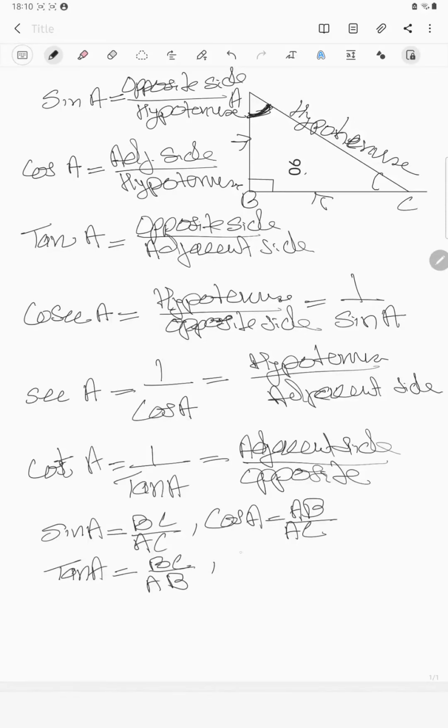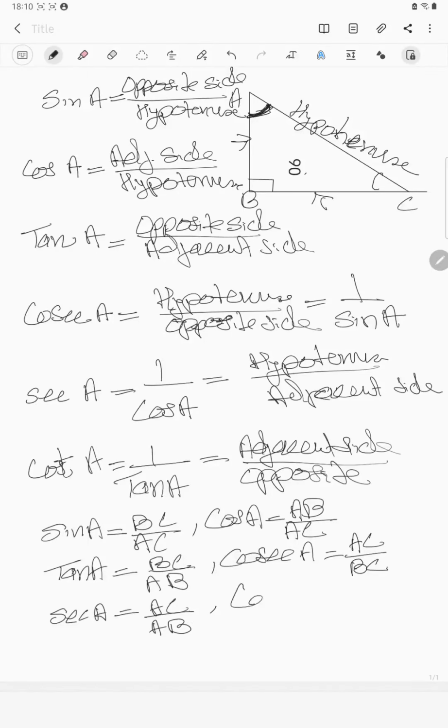Then we have cosec A, which is the reciprocal of sine A, so that will be AC, the hypotenuse, upon the opposite side BC. Then secant A is the reciprocal of cos A, and that is equal to hypotenuse AC upon the adjacent side AB.